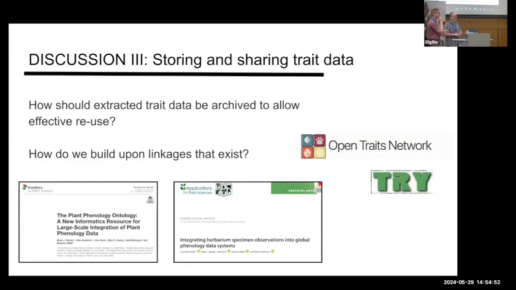So I have a question that I think both of you may have some comments on, and maybe Rob will as well. One of the things that herbarium specimens are super valuable for is inferring ploidy, either from pollen or from stomatal size. But it's really hard to get that sort of information out of our standard images.